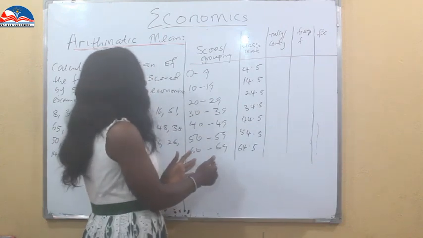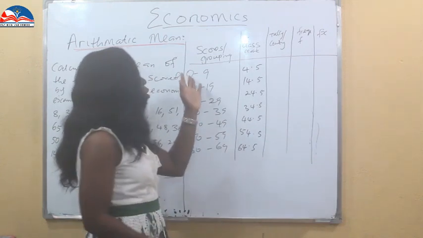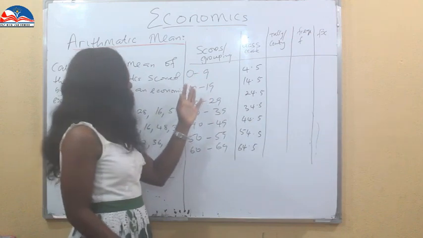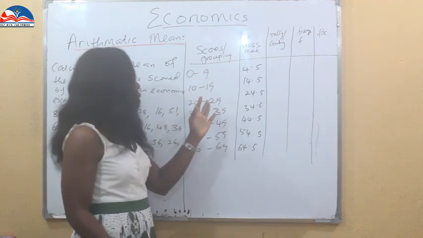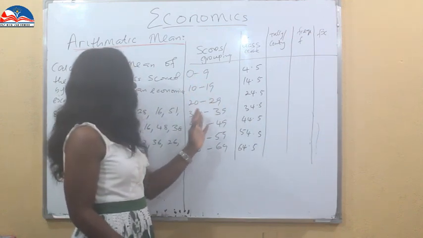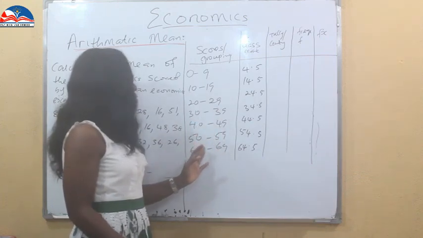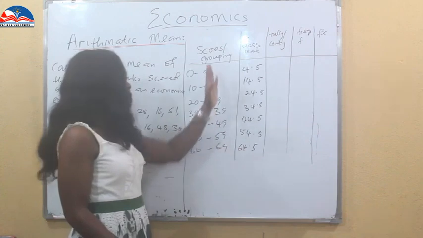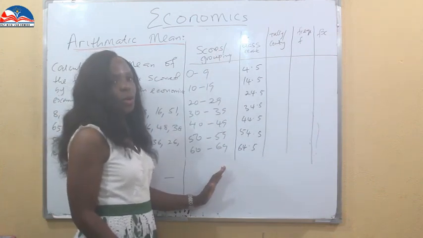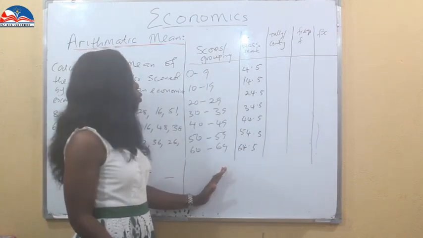Under this class boundary, we are using 0 to 9, 10 to 19, 20 to 29, 30 to 39, 40 to 49, 50 to 59, 60 to 69. This is our class boundary, or the score interval or groups.